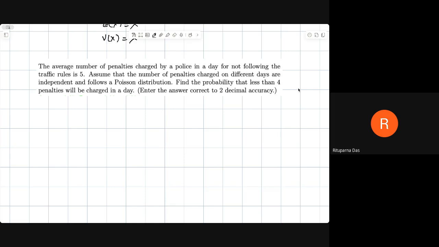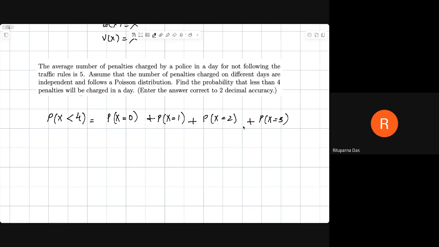This will be P of x equal to 0 plus P of x equal to 1 plus P of x equal to 2 plus P of x equal to 3.